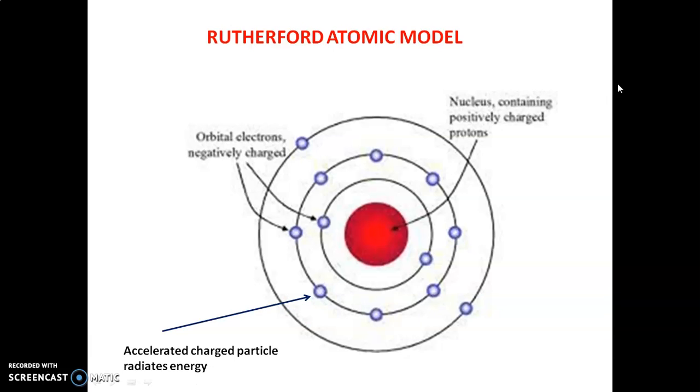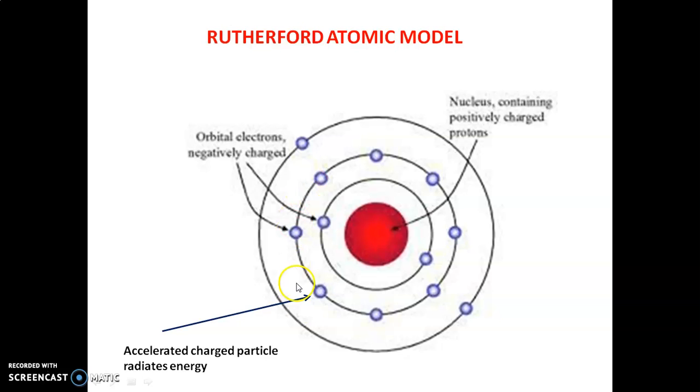Now then came the difficulty. At the time, due to the electromagnetic theory, we came to the conclusion that an accelerated charged particle radiates energy, and since these electrons are moving in a circular path, and a circular path is nothing but an accelerated motion.